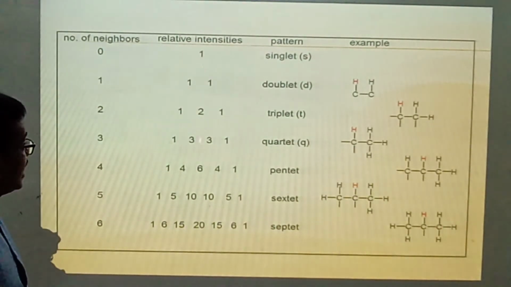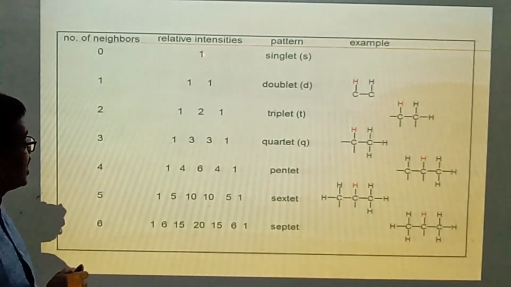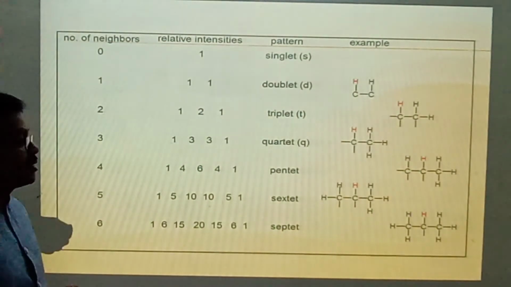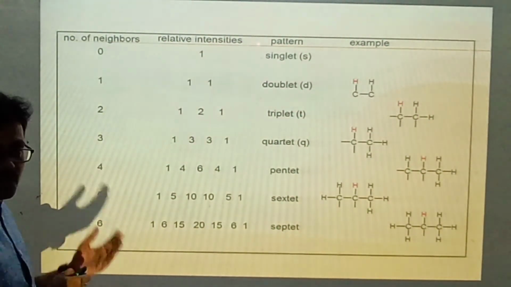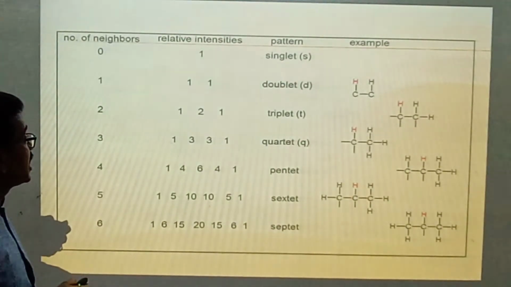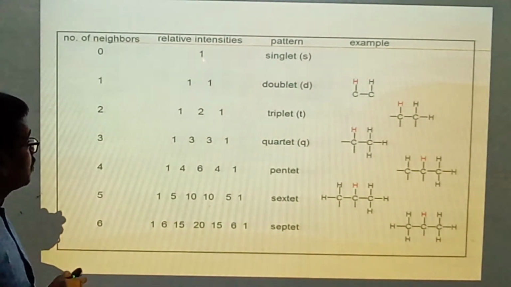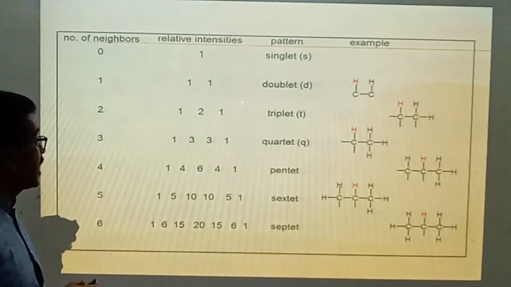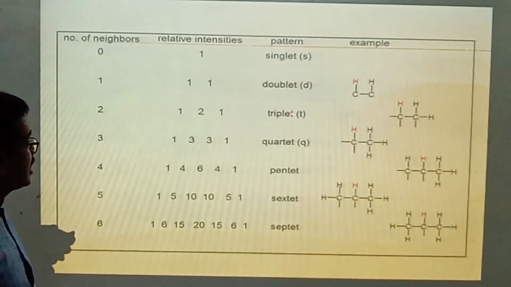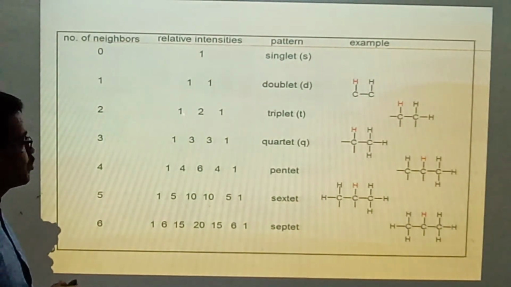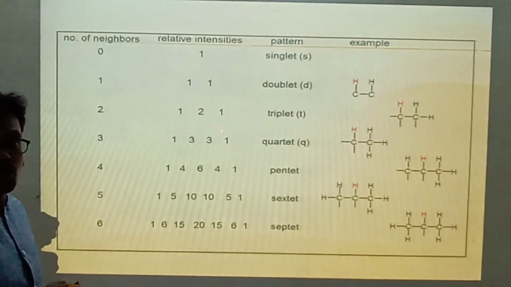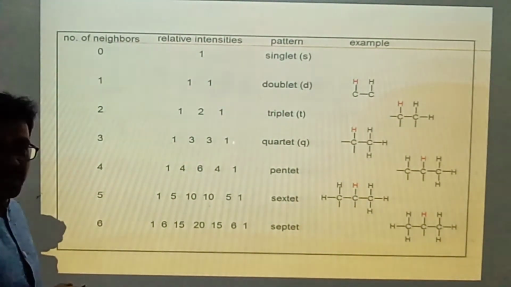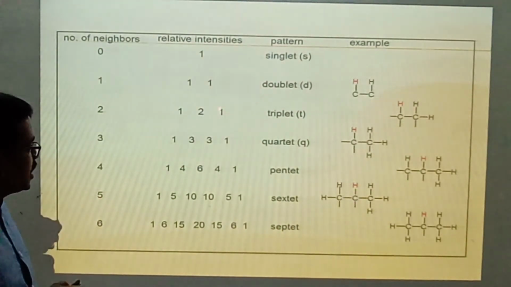And the relative intensities, meaning the peak heights: for a singlet it is a single peak. If it is a doublet, both peaks will be of the same height, same intensity. And if it is in triplet form, the first peak will be of one height, the second peak exactly 2 times, and the third peak again 1 time. So it is a triplet.